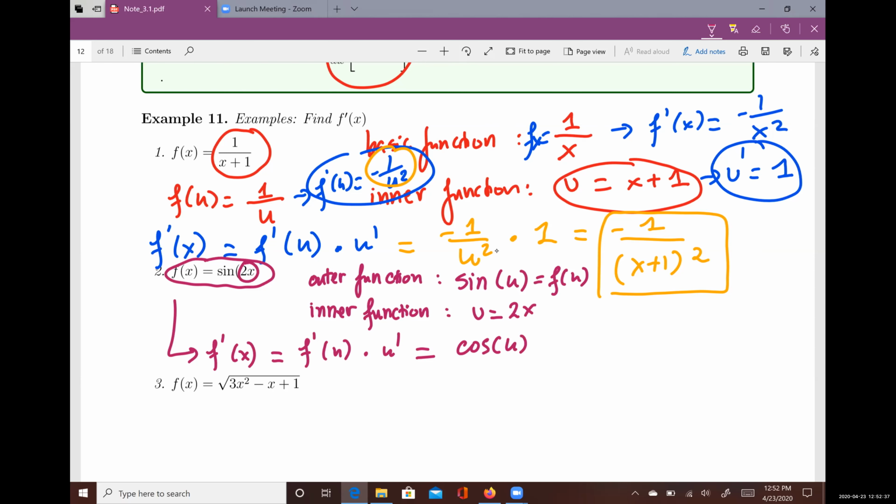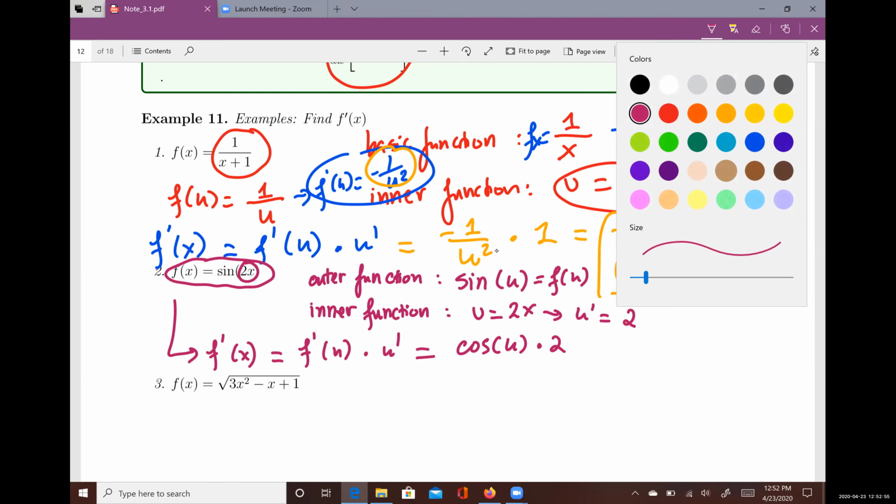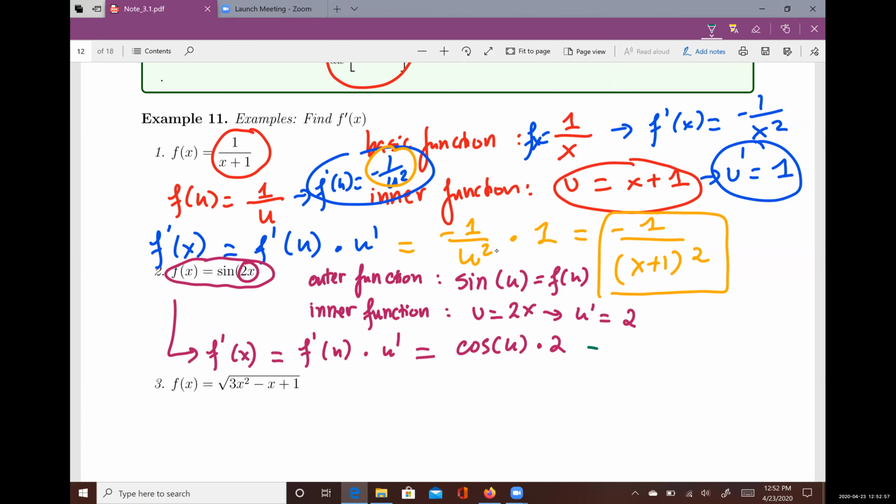What is u prime? u equals 2x, so then u prime equals 2. And again, you want to replace u by functions in terms of x, and I know that u equals 2x, so then I can replace u by 2x. The answer is cosine of 2x times 2.